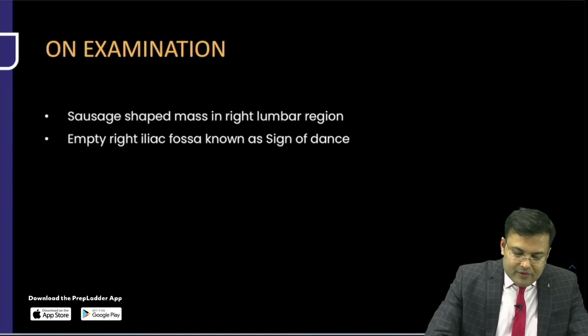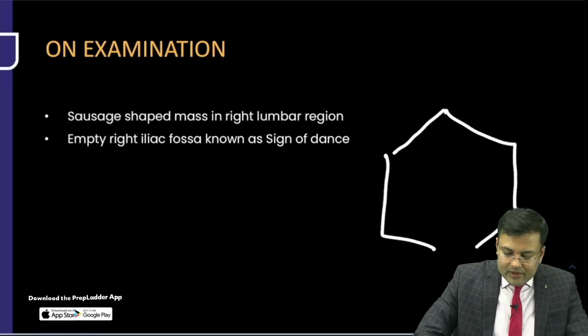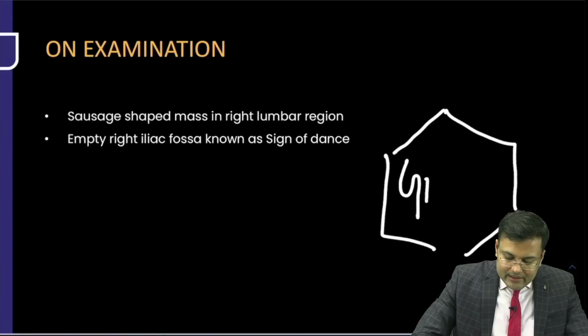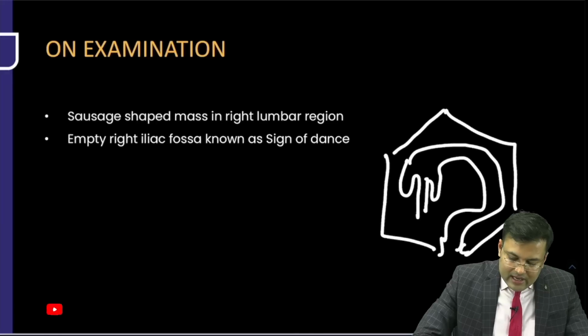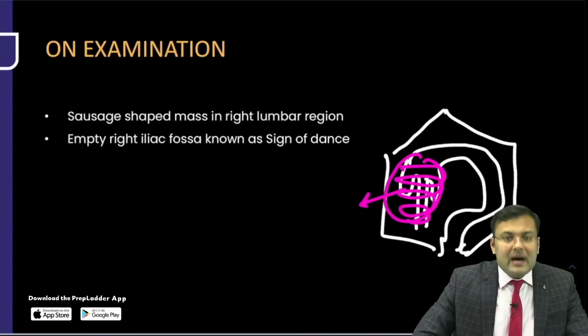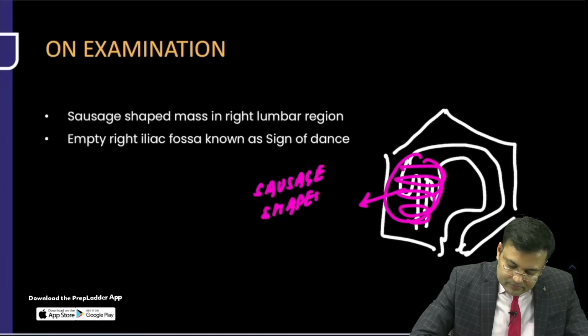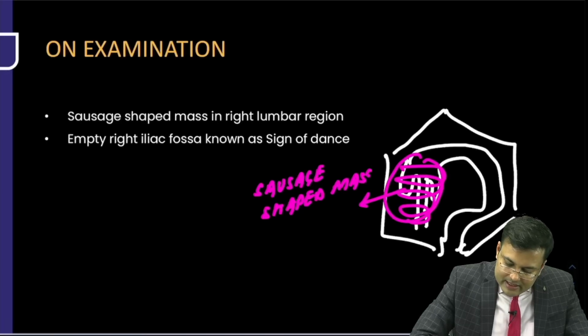Clear? If you perform the examination, see the diagram. This is the patient. What happens? The ileum enters into the colon like this. So, in the right lumbar region, you are going to feel a mass here. What kind of mass? A sausage shaped mass in the right lumbar region.